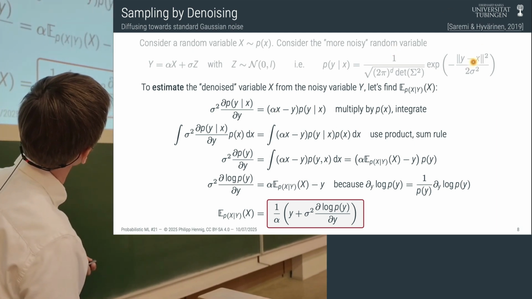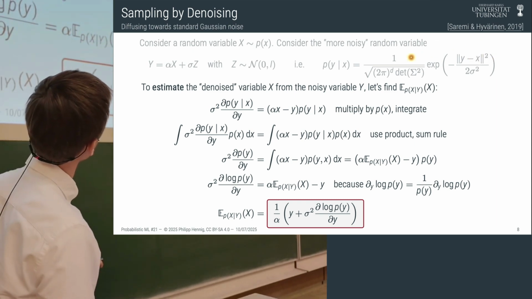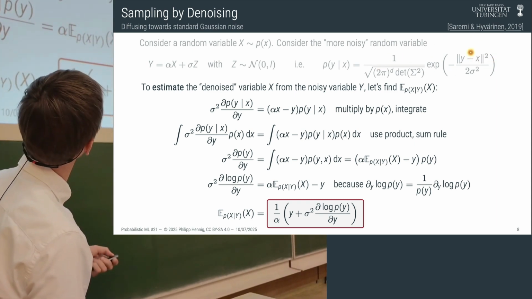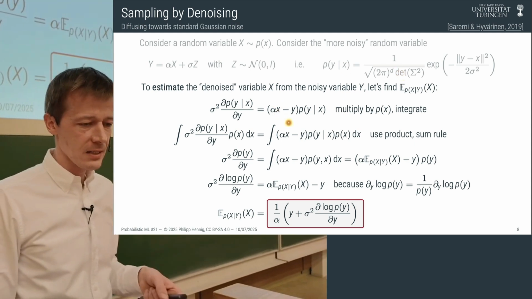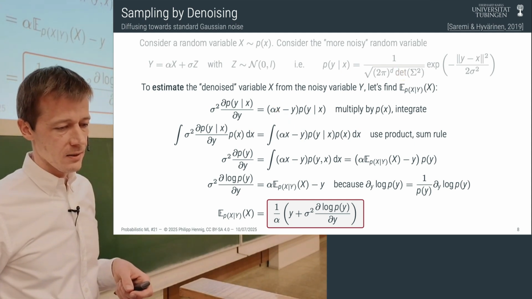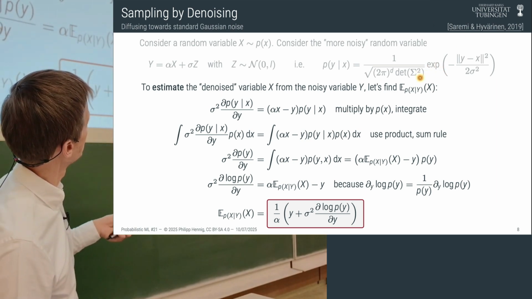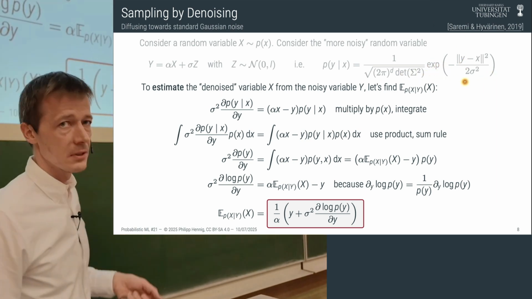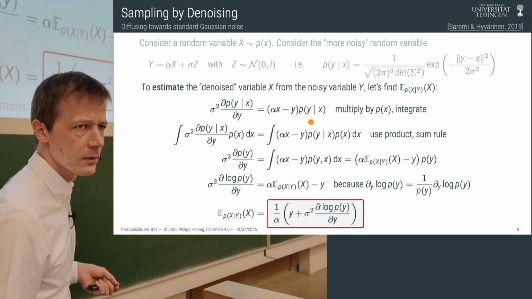Man, I should have put an alpha here, right? There's of course an alpha in front of the x. Sorry about that. But if you think of what the gradient of this is with respect to y, you may be able to convince yourself that it's alpha times x minus y times the likelihood, right? Because there's an exponential here. So if we take a derivative, we get the exponential again times an inner derivative. Okay. Everyone following so far?